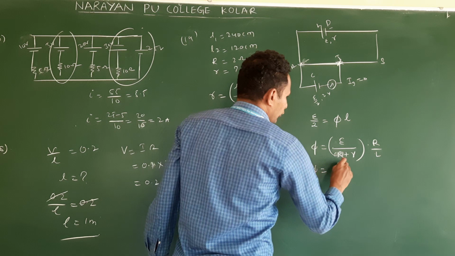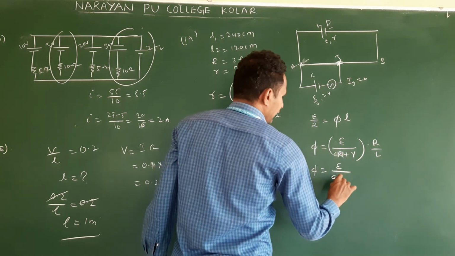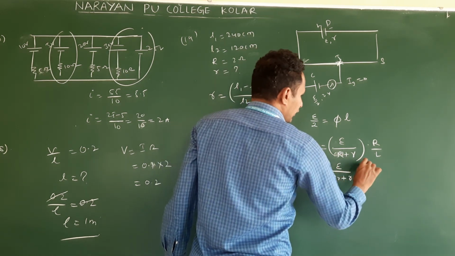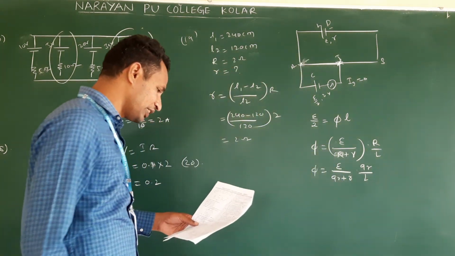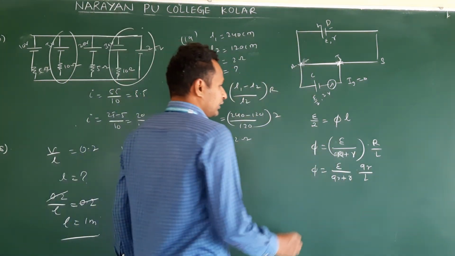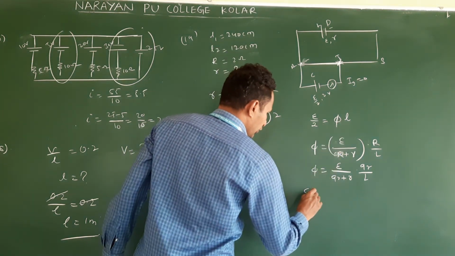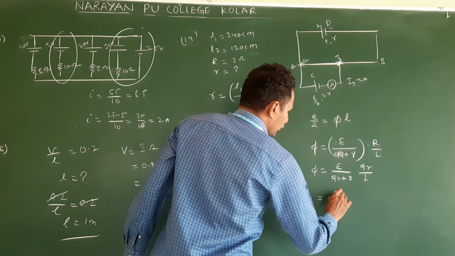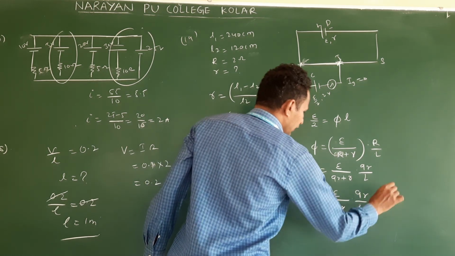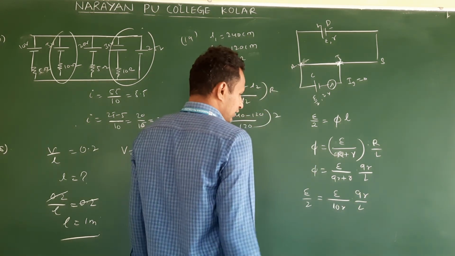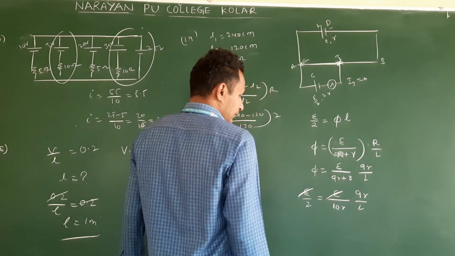Now, phi is equal to E. What is the resistance of the length? 9R plus R, 9R by length capital L they mentioned. Right? These are substituted here. So E by 2 is equal to E by 10R into 9R by L. Am I correct or not? E cancels.